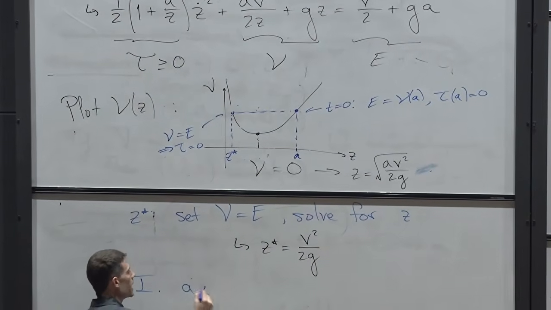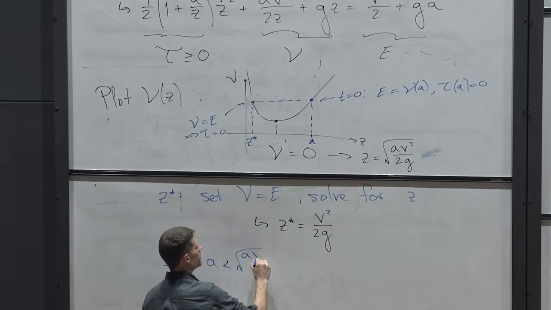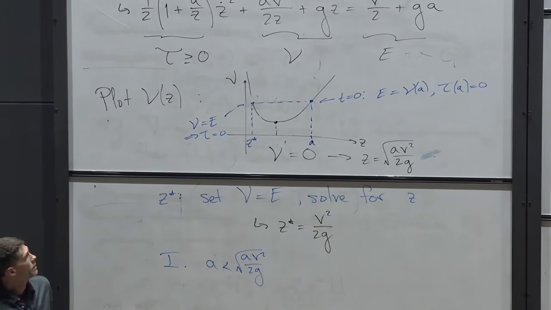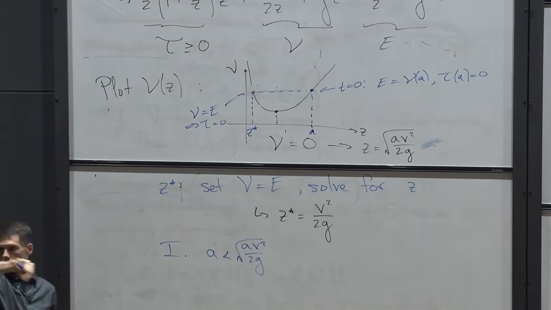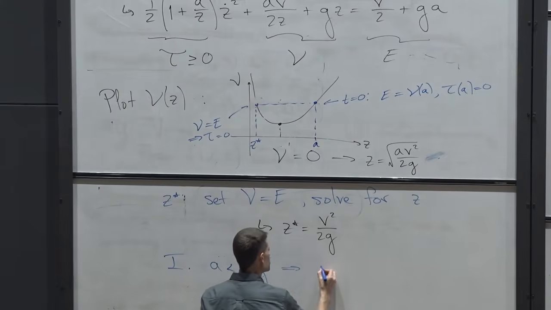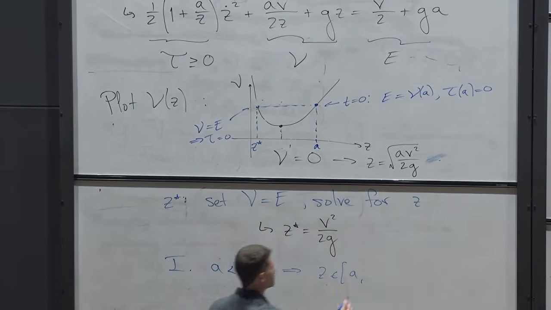If A is less than that value, root A V squared over 2G, then that means that the particle is always rolling to the right of A, which means that Z is going to stay between A and V squared over 2G.